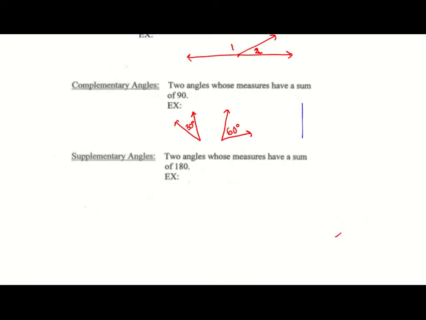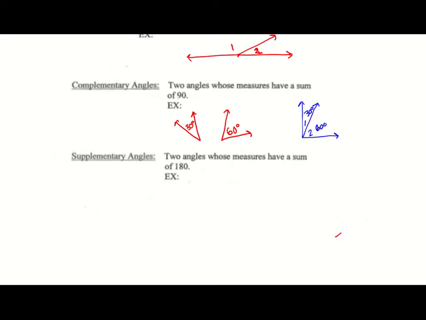Now I also could have a pair of angles that are complementary and adjacent. They could be next to each other, 1 and 2. If this is 30 and this is 60, those are another example of complementary angles. So they can be adjacent, they could not be adjacent. So long as they add up to 90, they're complementary.